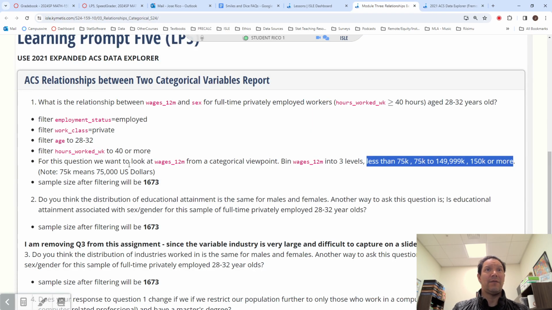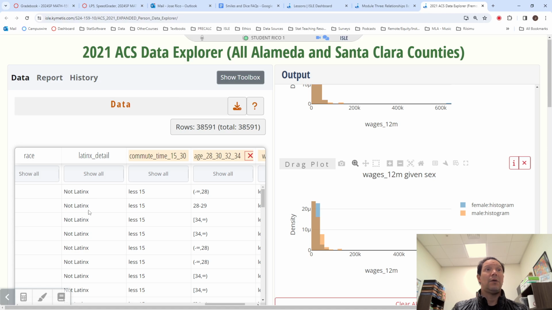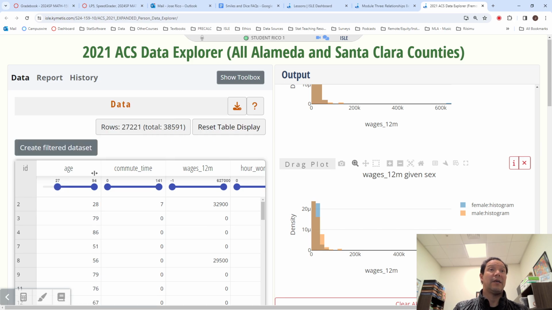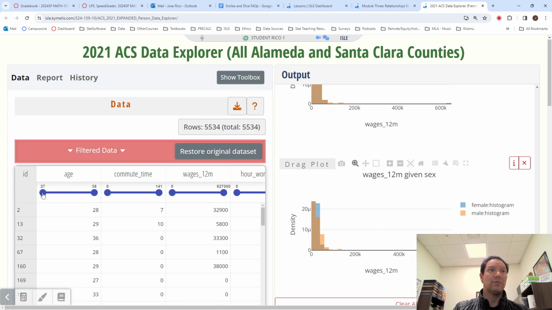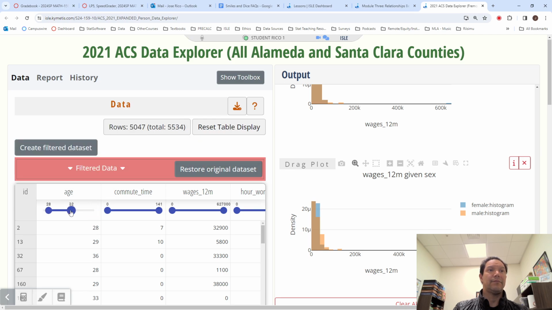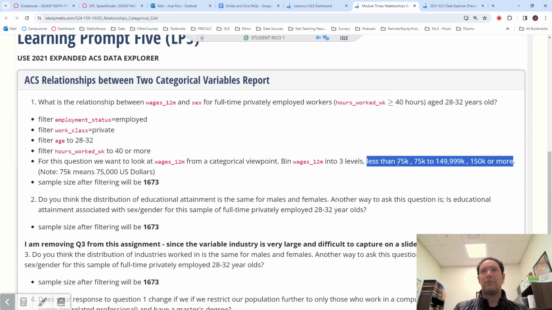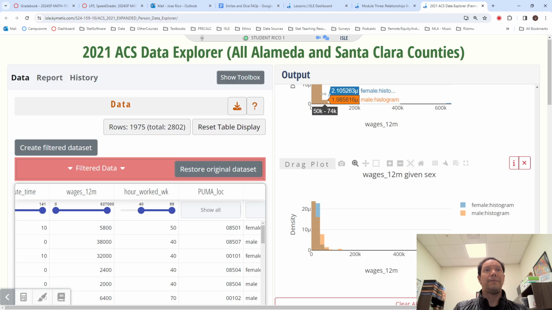Next we want to do our filters. We're looking at privately employed 28 to 32-year-olds that work 40 hours or more. So we're going to go 28 to 32. We want them working 40 hours or more.